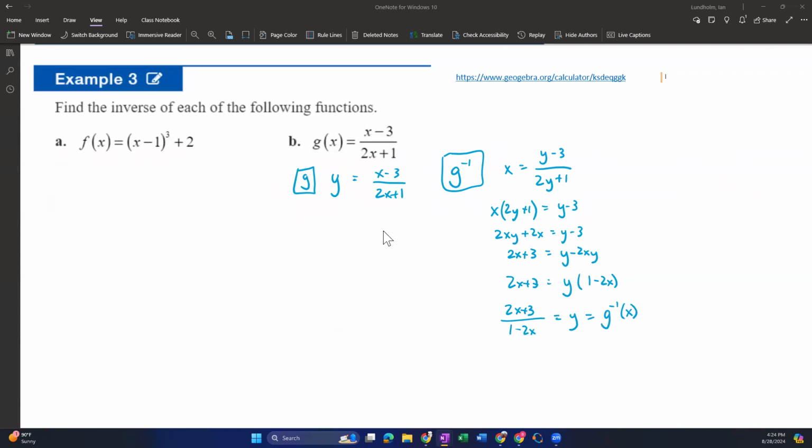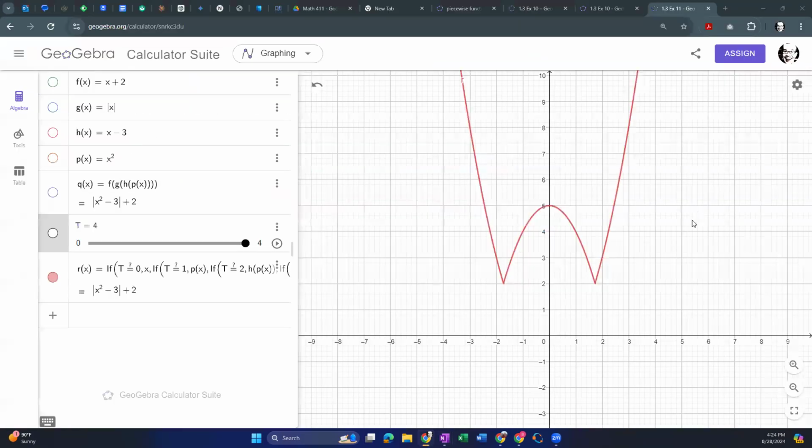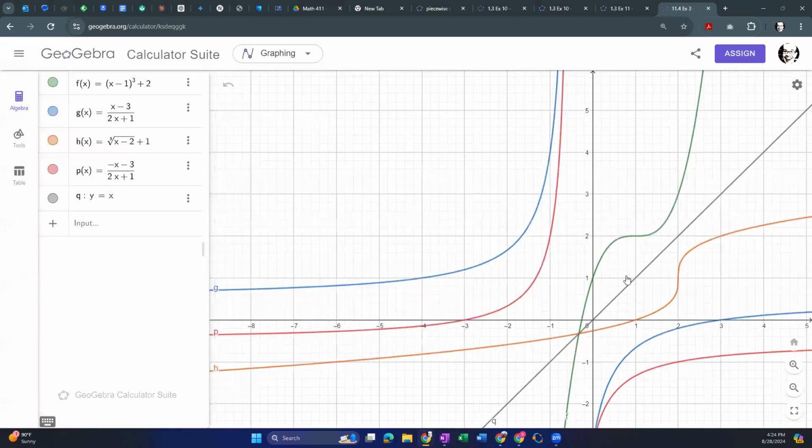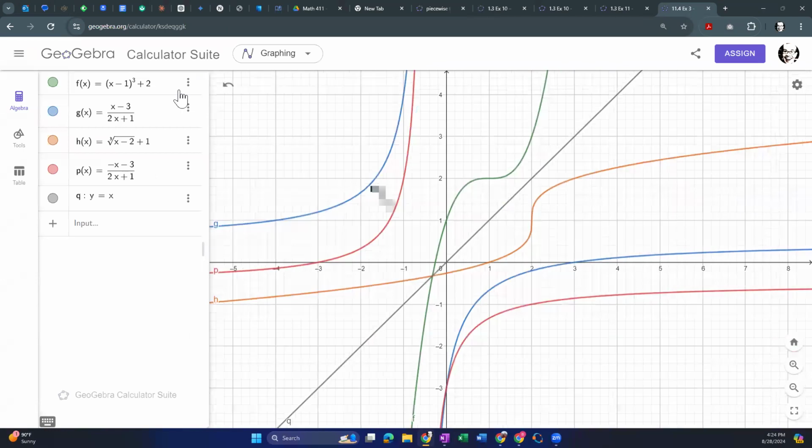Let's go ahead and take a look at the GeoGebra thing. If you need more time to look at that, feel free to pause. It's totally cool. Whoa, so many inverse functions.